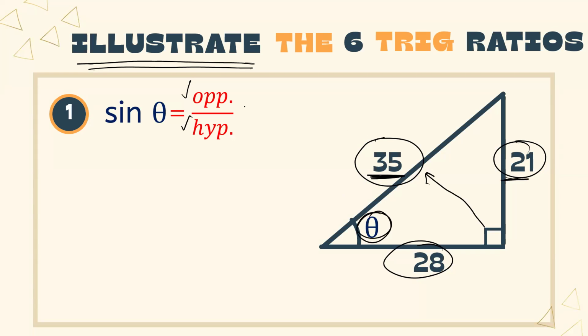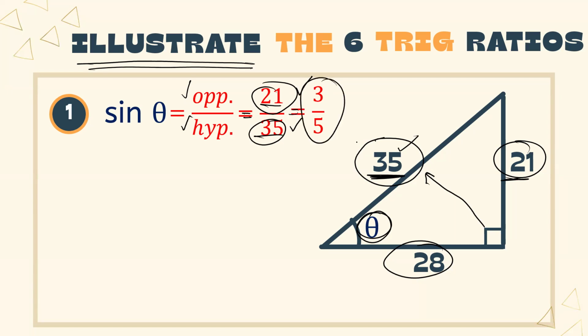Opposite is 21. What's the hypotenuse? That's 35. Because 21 and 35 are both divisible by 7, the final answer is 3 over 5.